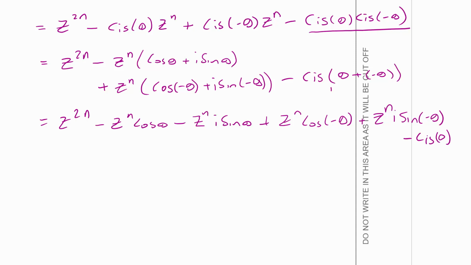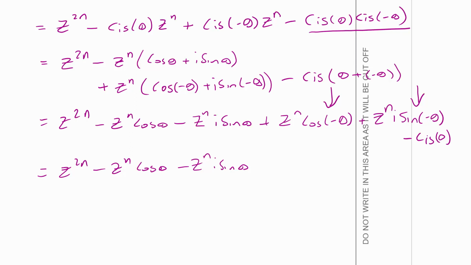Now we know that the cosine is an even function and sine is an odd function. So that's going to be z to the 2n, take away z to the n cos theta, take away z to the n I sine theta.